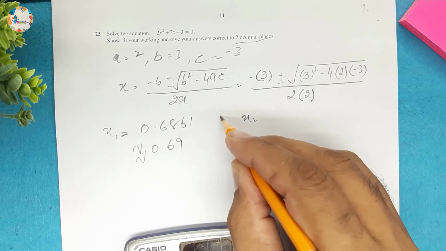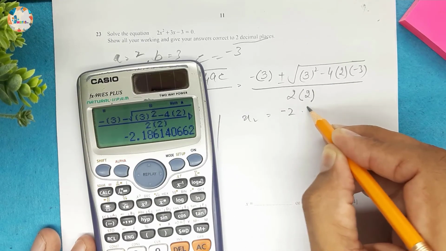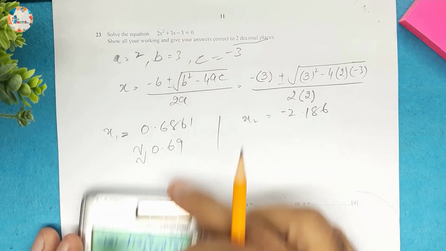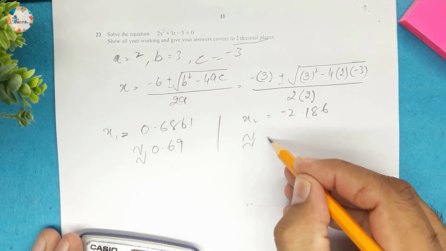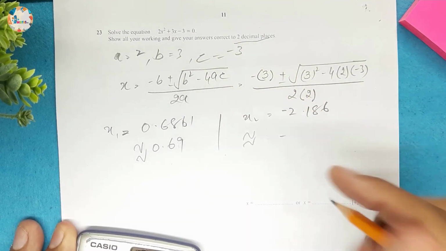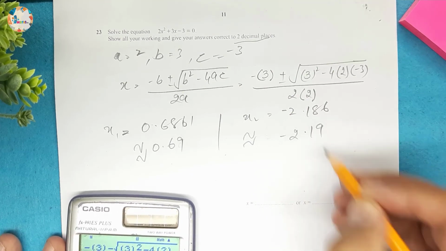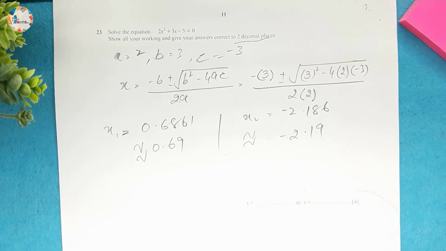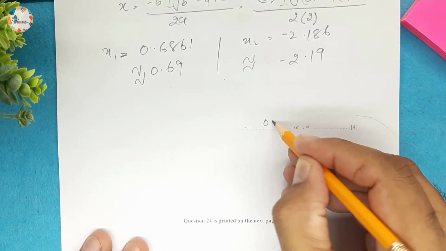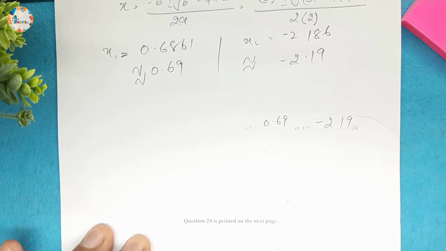So x2 will be equal to minus 2.186, and this is approximately equal to minus 2.19. So these two values we will write as our answer at the proper location provided, which is this one, 2.19. These are the answers.